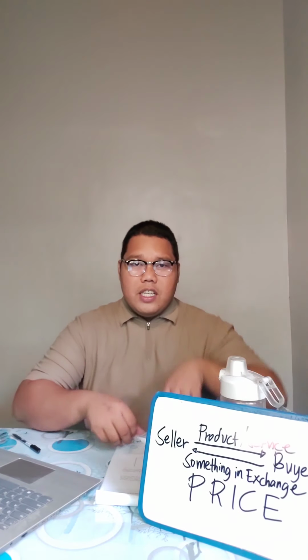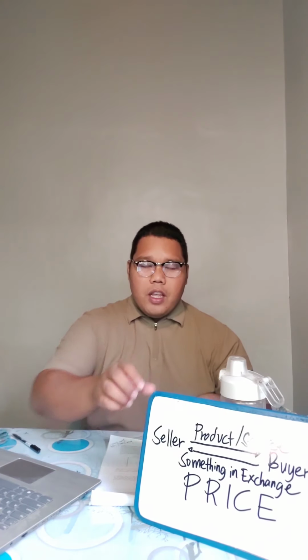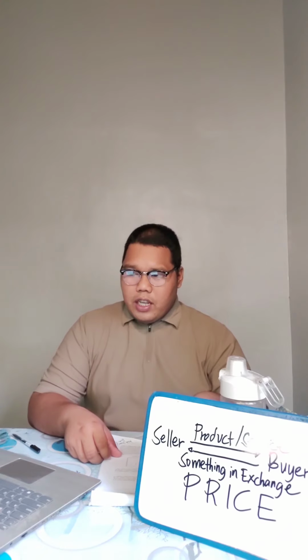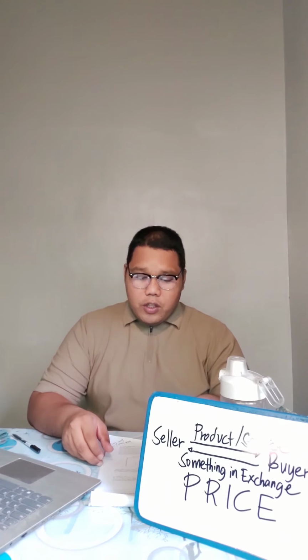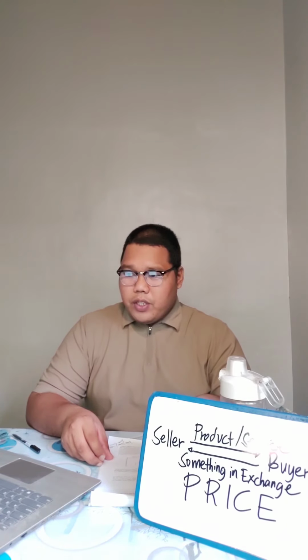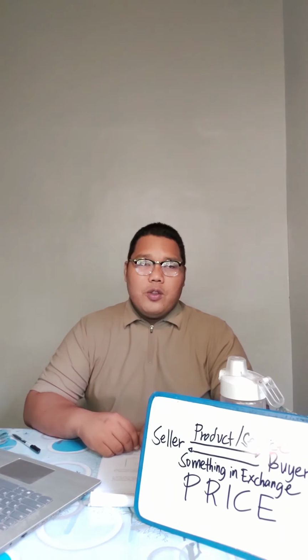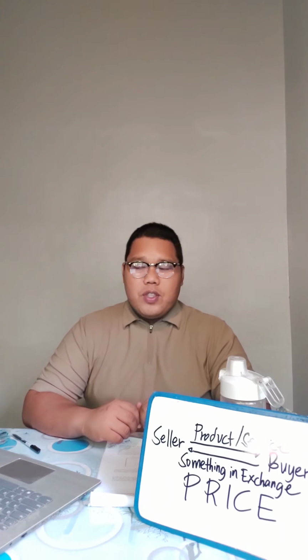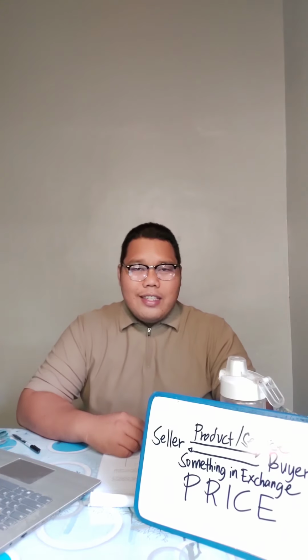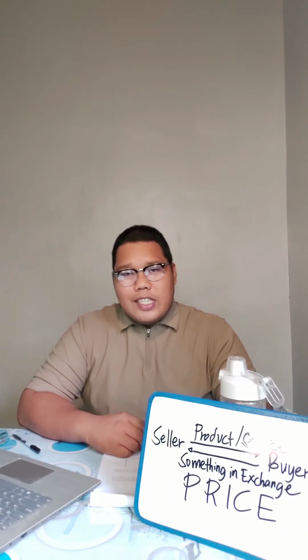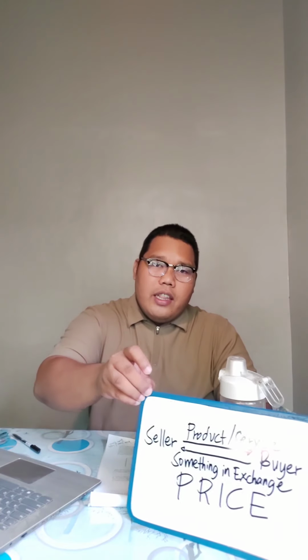So you have this illustration in your handouts. As we all know, there are 4 factors that are necessary for marketing to occur from our previous discussion. So the presence of at least 2 parties with unsatisfied needs. In this illustration, we have seller and buyer.